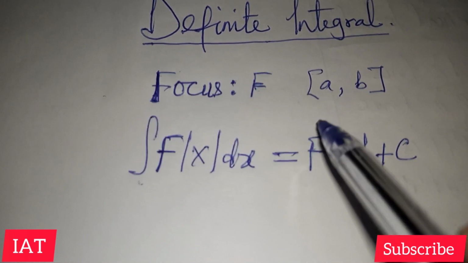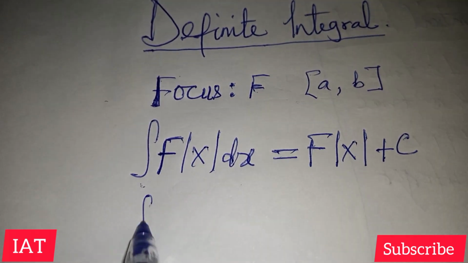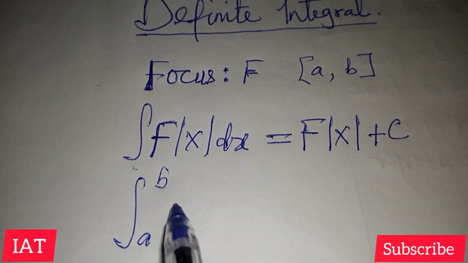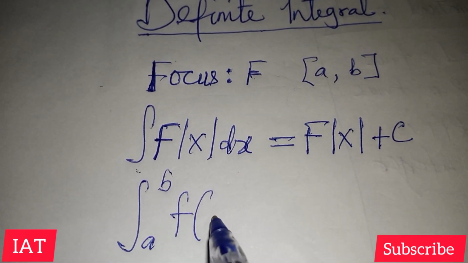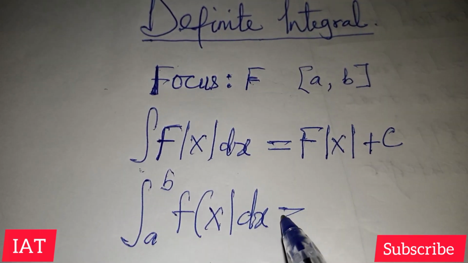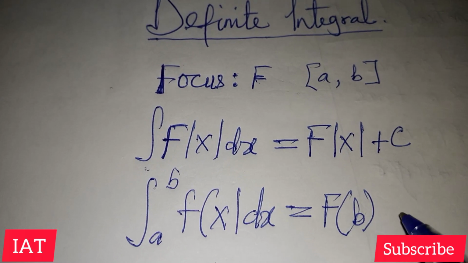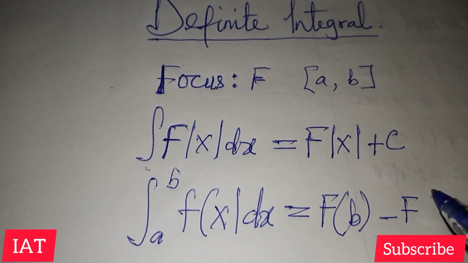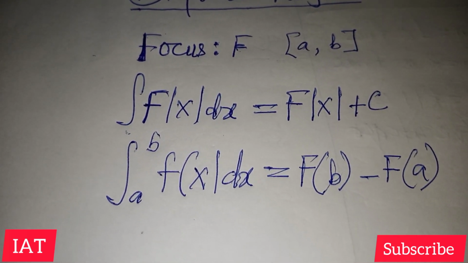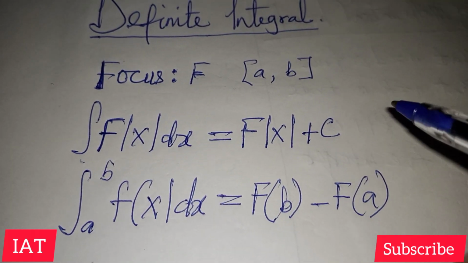Alright, so I'll show you a sample of how the definite integral appears, in this form from point A to B of a function, say x dx, and the result will be the antiderivative at point B minus the antiderivative at point A.